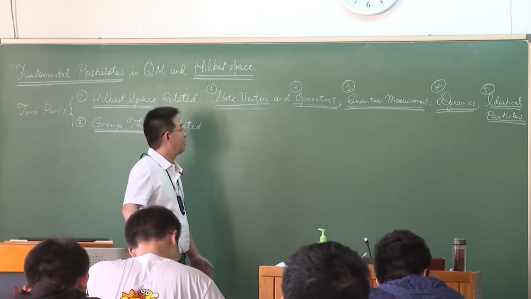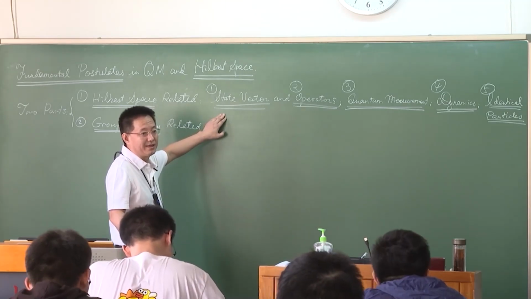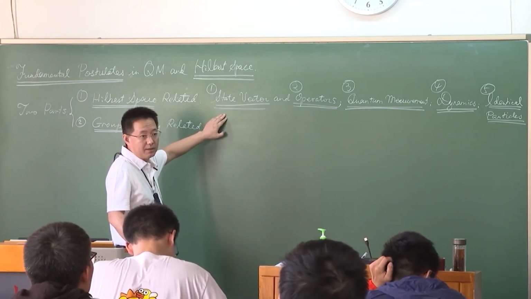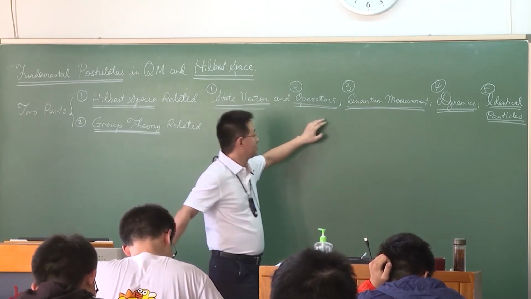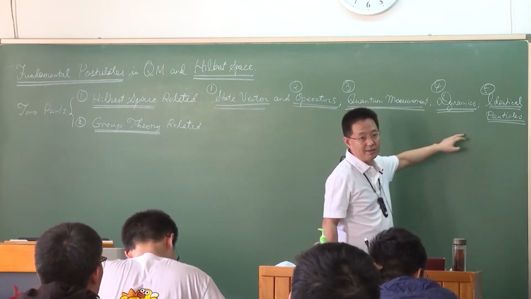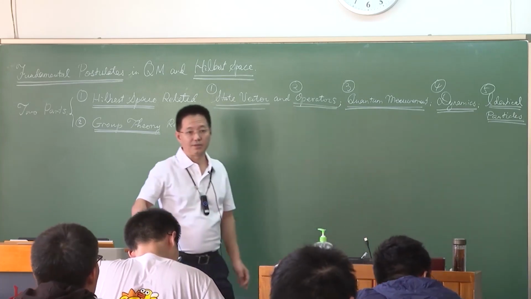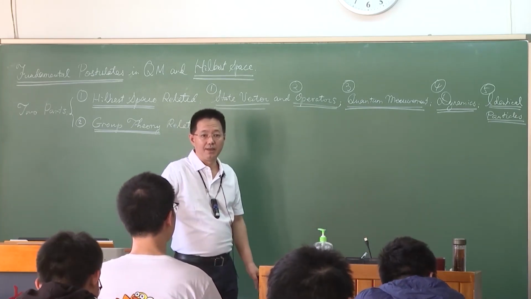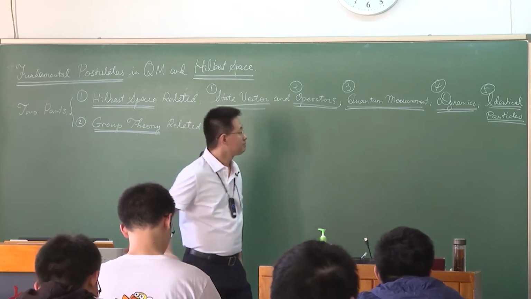The postulates are the state vector postulate, the operator postulate, the measurement postulate, the dynamics postulate, and the postulate of identical particles. The last postulate is also termed the symmetrization postulate.